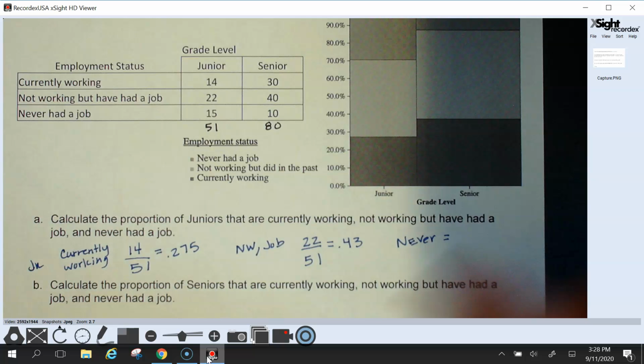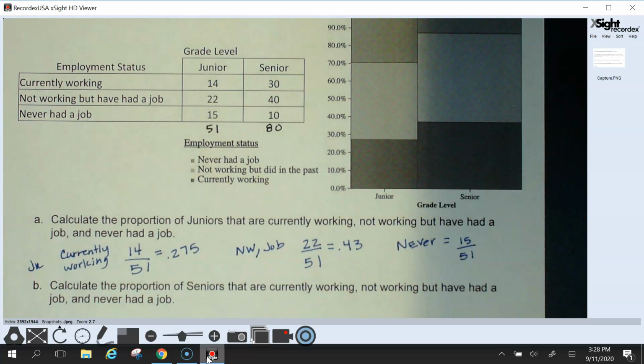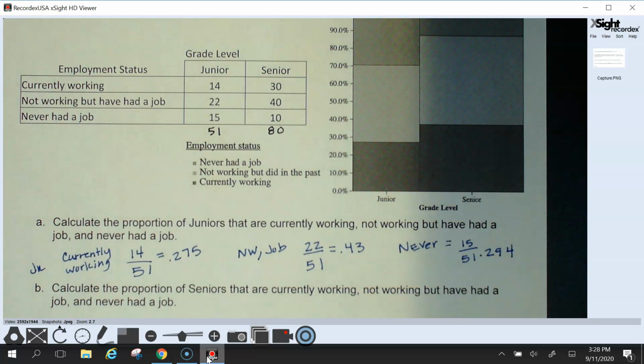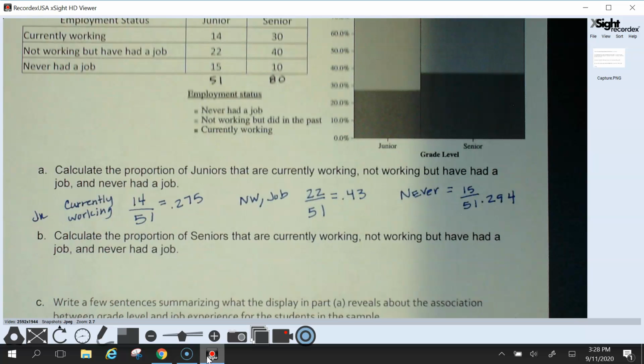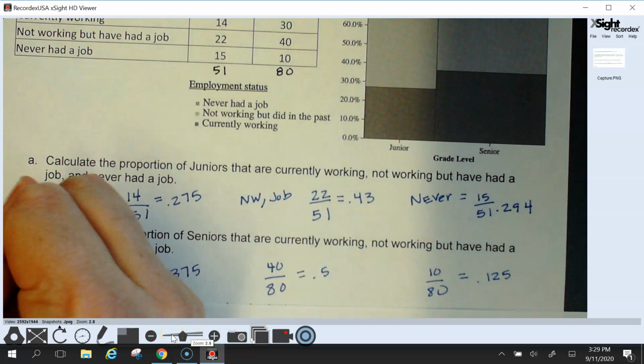So 15 out of 51. So that's 0.294. So go ahead and pause the video. I would like you to do the same thing for the seniors to make sure you can calculate those. We'll say these are our seniors. It's really important to label.